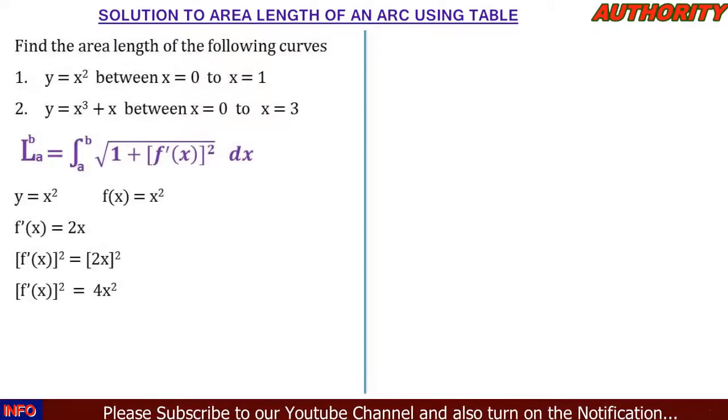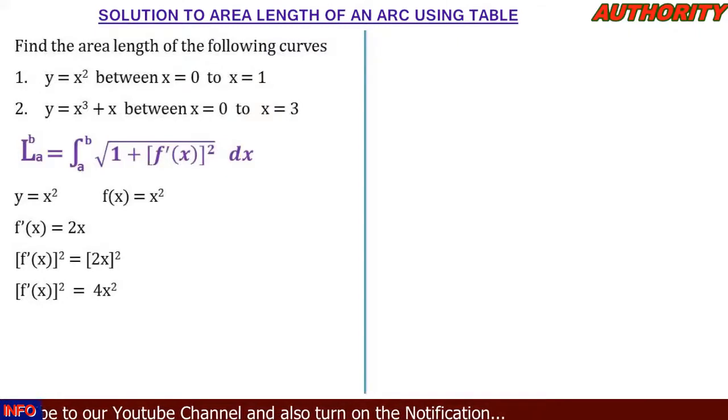Is that true? Yes. You still remember that the formula for arc length is given as the integral from a to b square root of 1 plus f prime of x squared dx. And we have gotten f prime of x squared.